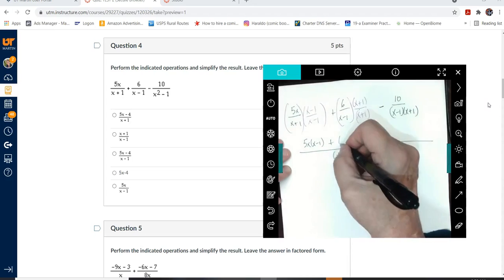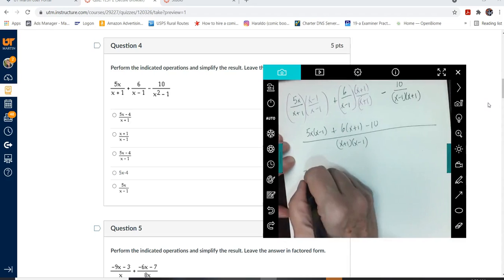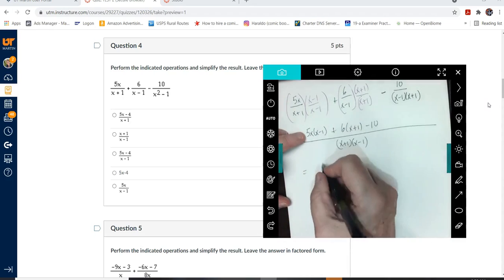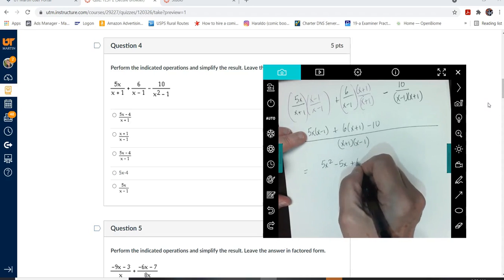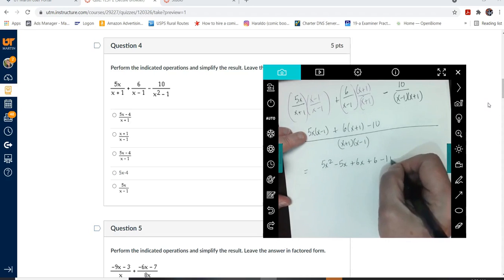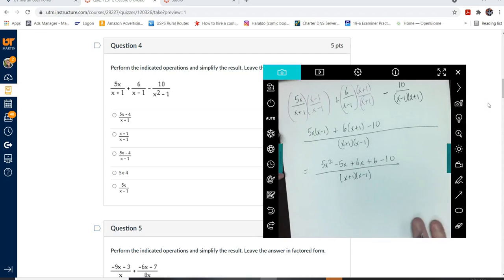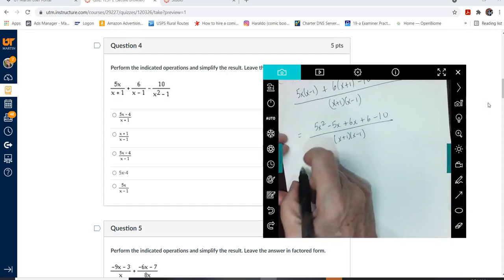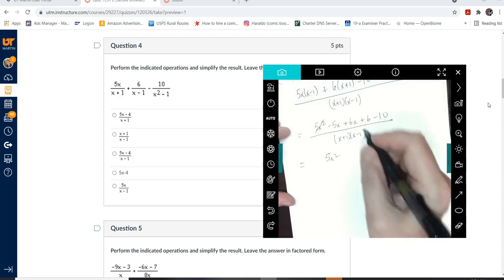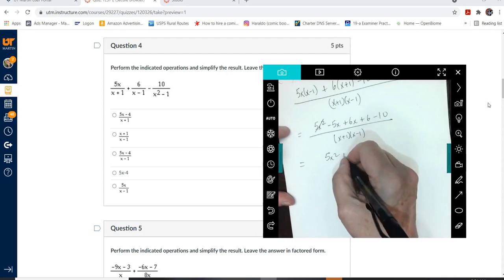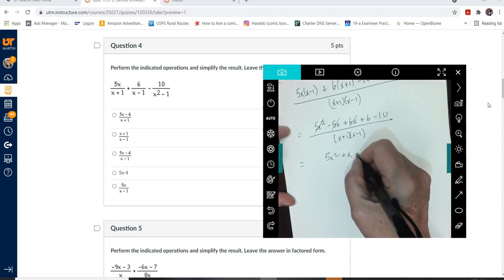Plus 6 times x plus 1. And minus 10. And now I'm going to distribute that through. Okay. And I'm going to have 5x squared minus 5x plus 6x is plus x minus 4.